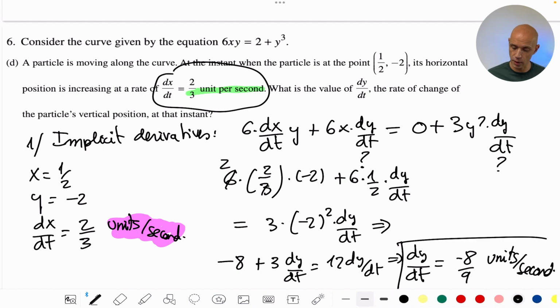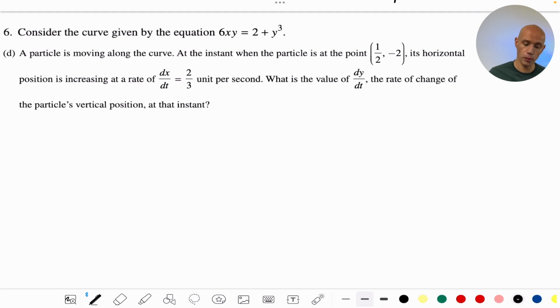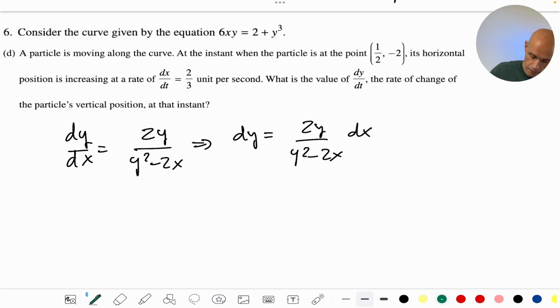Now, an alternative way to solve this would be the following, but it's not the official one, but it's correct. Do you remember that we have the derivative of this guy? We had that this thing was 2y divided by y squared minus 2x. So you can have this one equals this, and then we divide by dt.